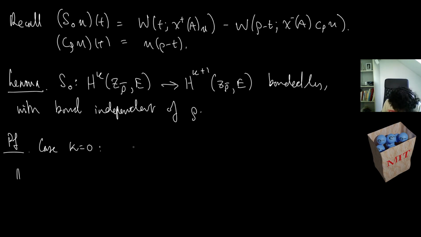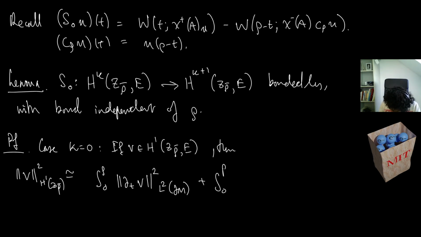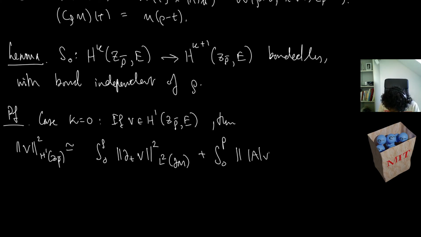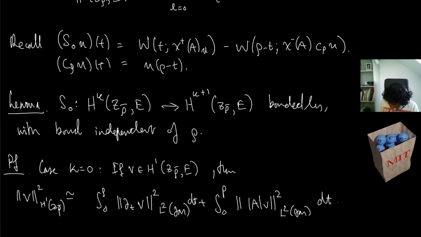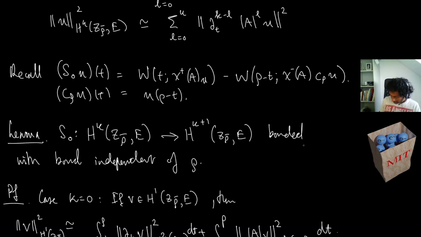Let V be in H1 of Z rho bar, E. Then the H1 norm on Z rho bar is comparable to the integral from 0 to rho of the norm of partial t V squared in L2 of partial M, plus this estimate, this integral of modulus A V squared in L2 of partial M dt, oops, there's a dt missing here. So this is bounded, boundedly.